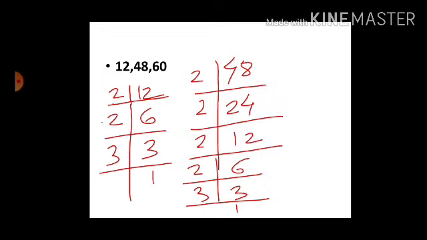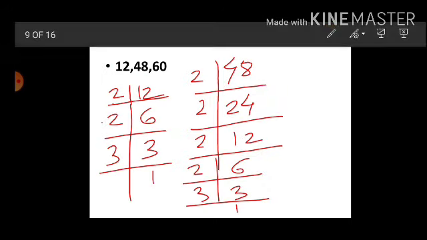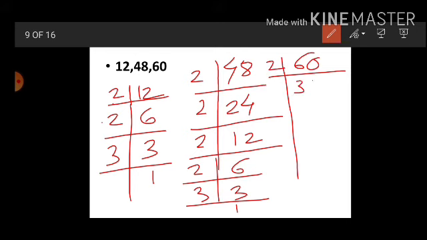Now next we take out the prime factors of 60. Again 60 is an even number, so 60 is divisible by 2. Again 30 is an even number, 30 is divisible by 2.